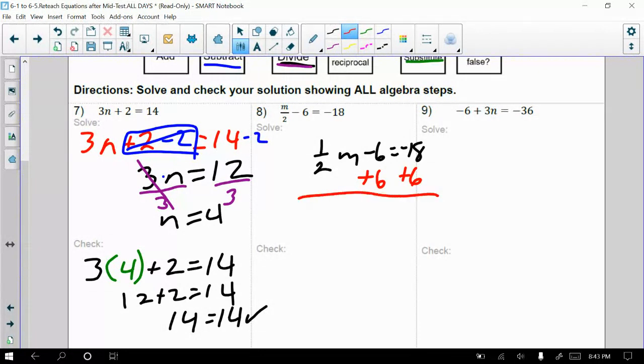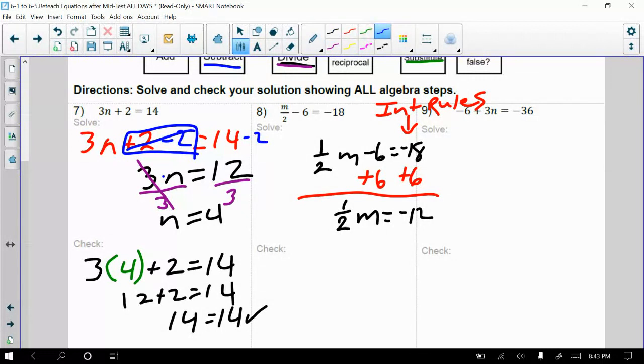But remember, once you get to this side, you have to follow the integer rules. I'm going to put int rules. Okay, if you owe me $18 and you only give me 6, how much do you owe me now? You still owe me $12.